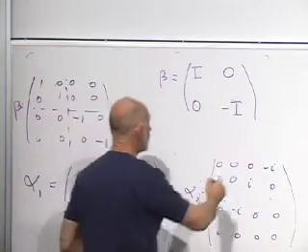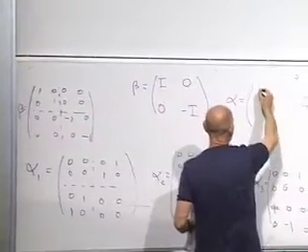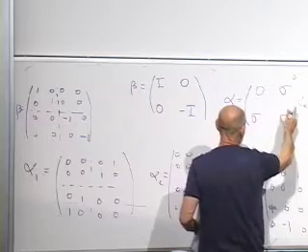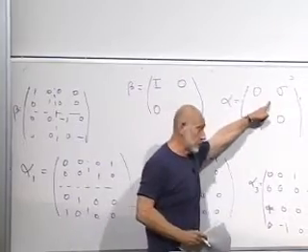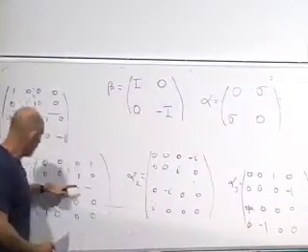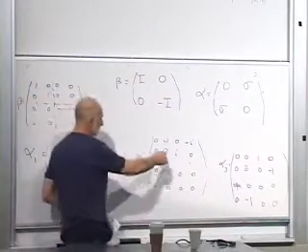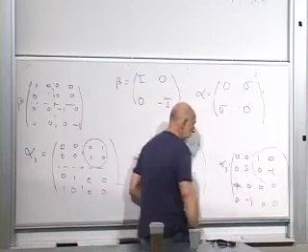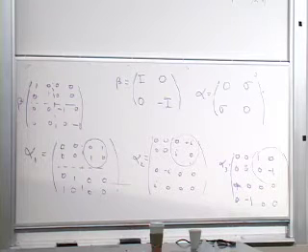And alpha is equal to 0, sigma, sigma, 0, where these matrices are the 3 Pauli matrices. If you don't know what they are, here they are: sigma 1, sigma 2, and sigma 3. We're going to come back to these matrices. They're very important. These objects satisfy the Dirac anti-commutation relations.